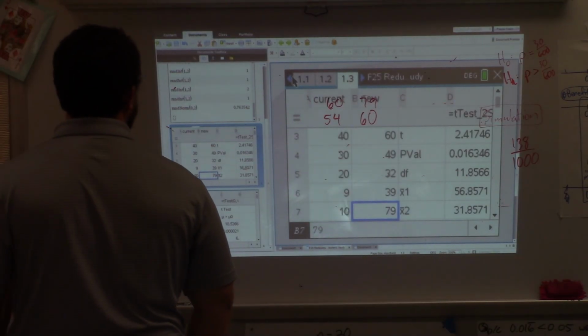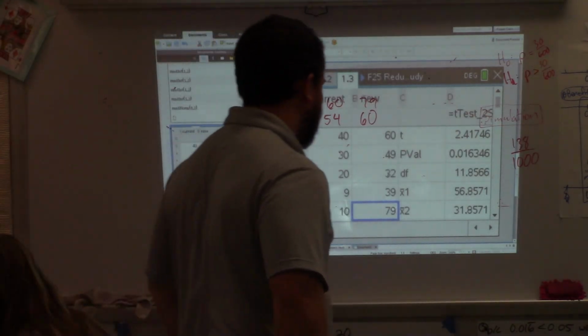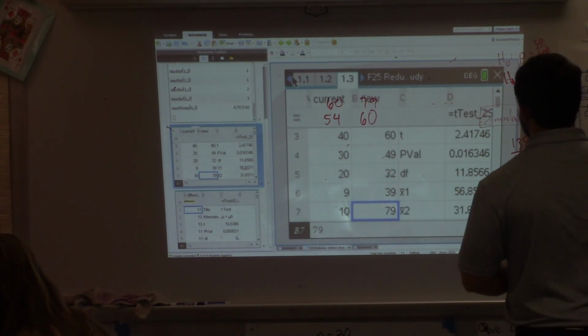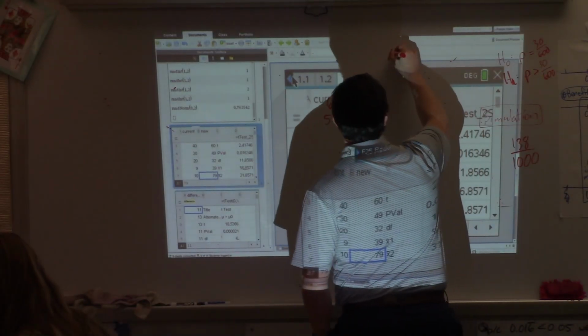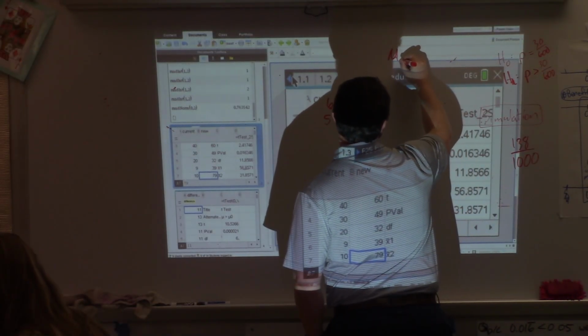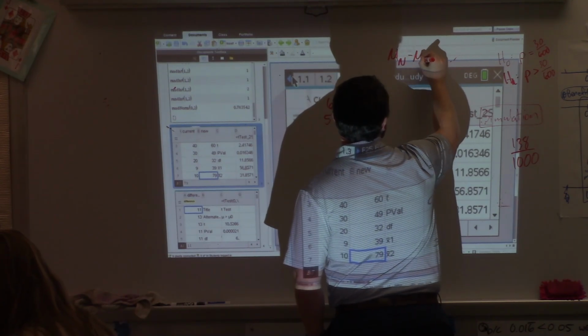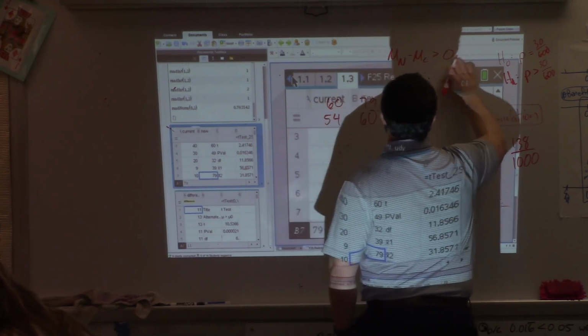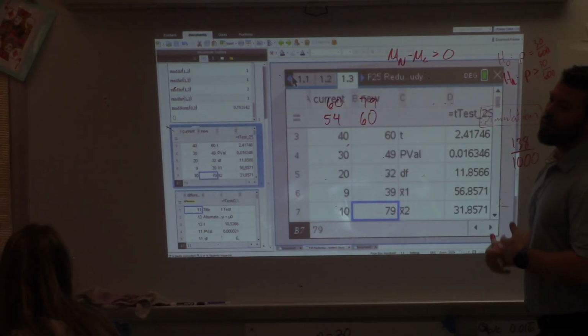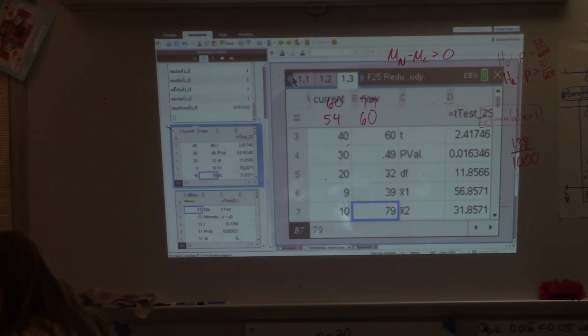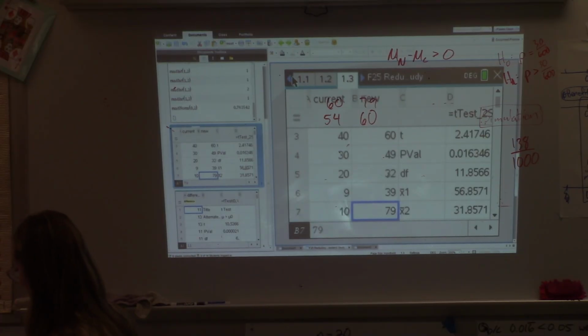I think what we said is we wanted the new medication to be better, didn't we? So we didn't just want them to be not equal; we said new minus current is greater than 0, because we wanted a reduction, a higher reduction. It was new minus current, yeah. 2-sample t-tests?